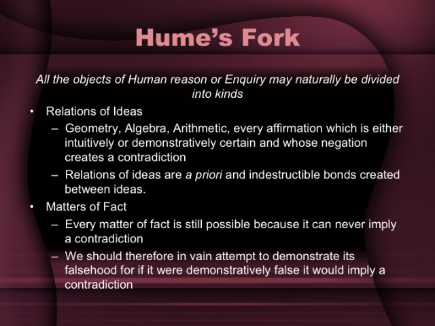What he means by relations of ideas is geometry, algebra, arithmetic, every affirmation which is either intuitively or demonstratively certain. So obviously there are mathematical concepts where if I say 3 times 5 equals 30 divided by 2, this is demonstratively certain, because I don't need to add anything else to these premises.